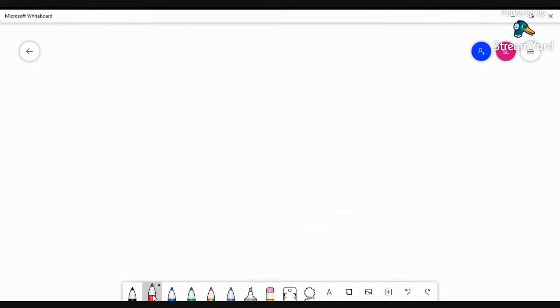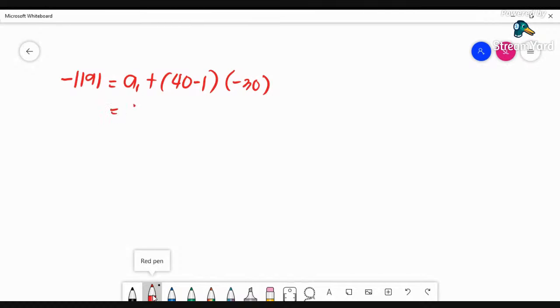So we get A sub 40, negative 1,191, equals A sub 1 plus 40 minus 1 multiplied by the common difference, which is negative 30. So that is A sub 1 plus 39 multiplied by negative 30.